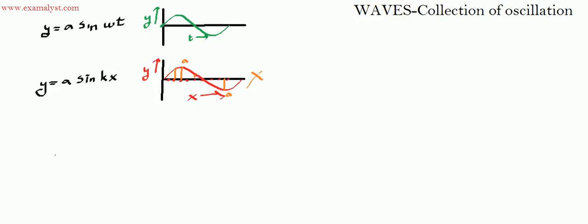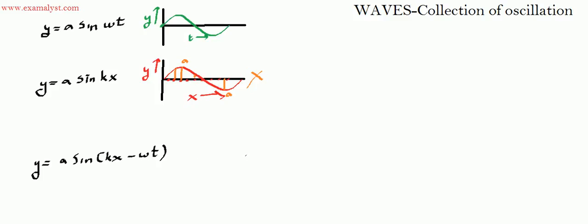The third equation that we studied actually represented a wave, because it allowed the motion of the entire wave-like structure. So what was the third equation? A sine kx minus omega t. The introduction of a minus omega t into the sine kx made the entire wave move.